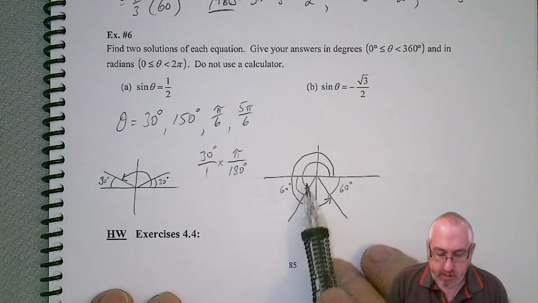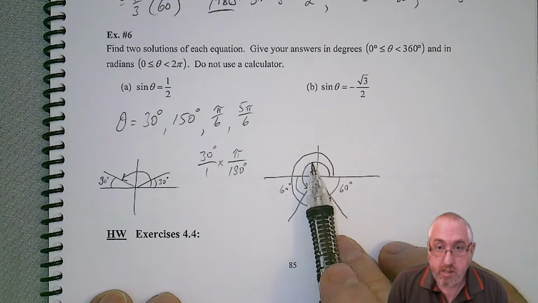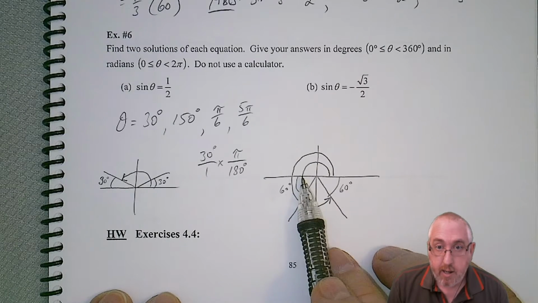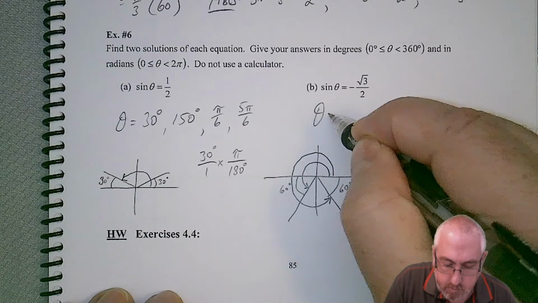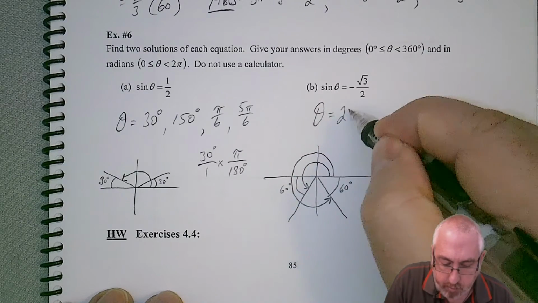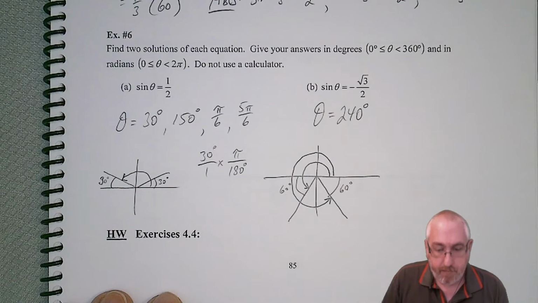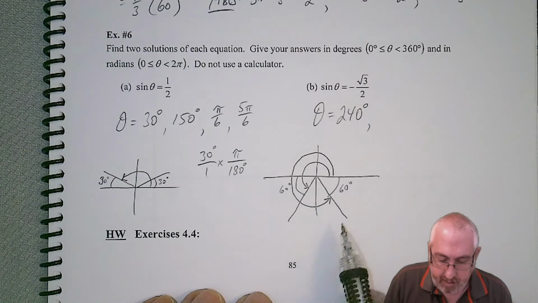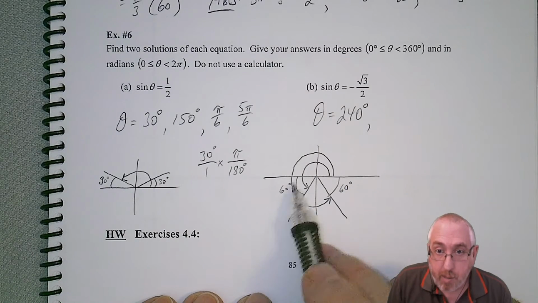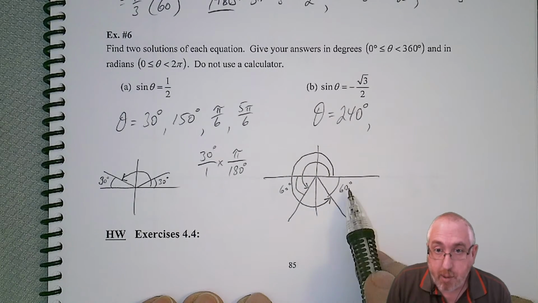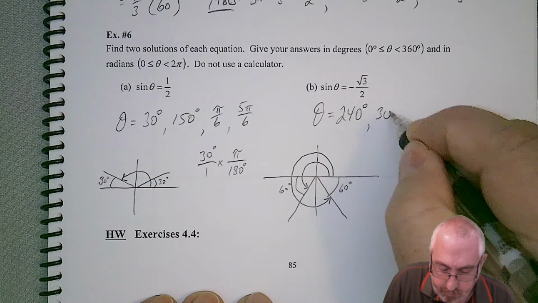Well, to get the first one that's in the third quadrant, we have 180 degrees just to get to the other side, and then another 60 degrees on top of that. So that's going to have to be 240 degrees, 180 plus the 60. And then for this one, we can go the other direction. If we want a complete circle, that's 360, but we want to lose 60 degrees. So that's going to have to be 300.